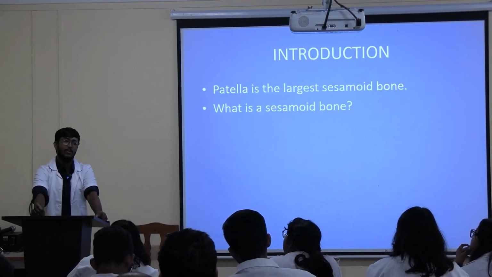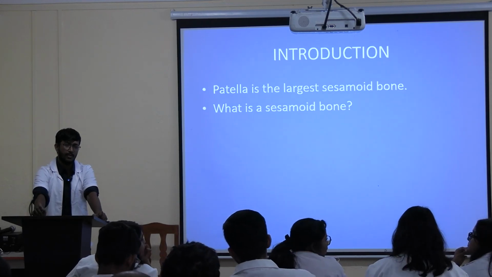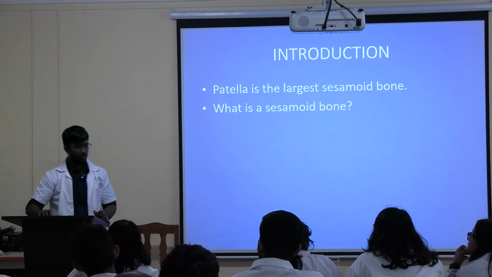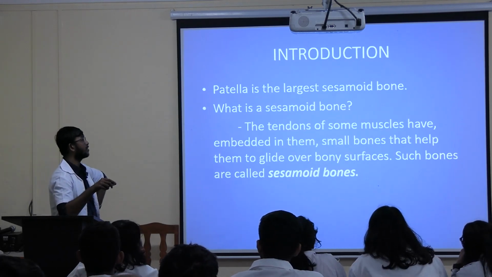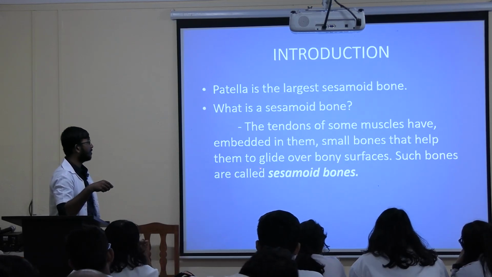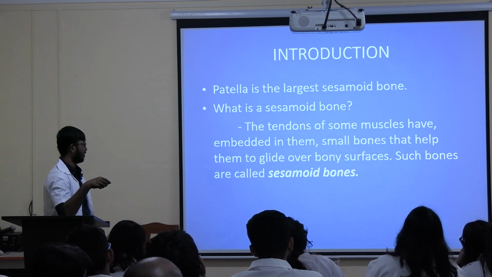Why does it develop in the first place? So that the muscle can easily glide over the bone. The sesamoid bone is developed from the tendons of muscles which have small bones embedded in them that help them to glide over bony surfaces. Such bones are called sesamoid bones.